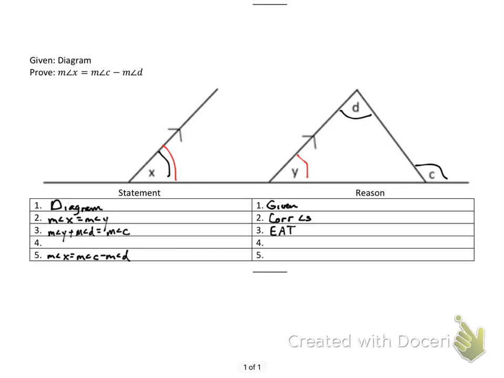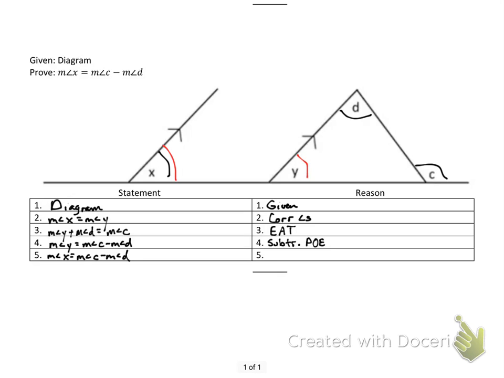Okay, the next thing we did in the proof above was what? Yeah, we did that subtraction, so now we're going to have the measure of angle C minus the measure of angle D. So same as before, but now we're dealing with a generalized form of this where it's just C and D. Okay.